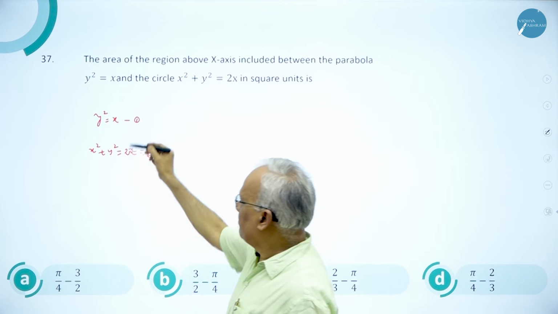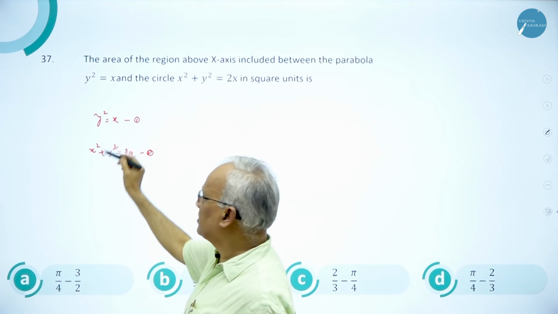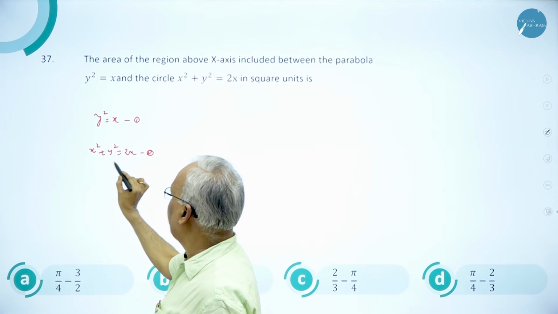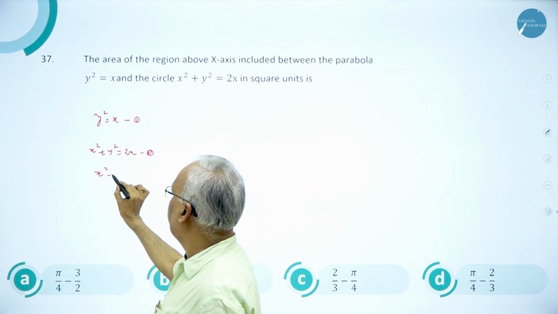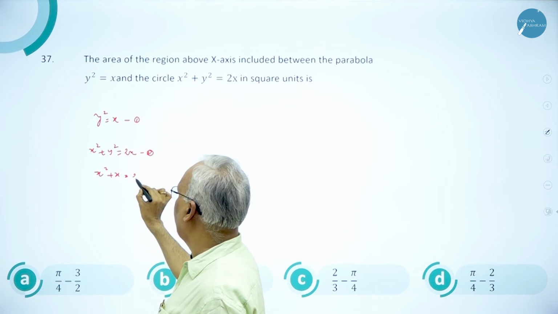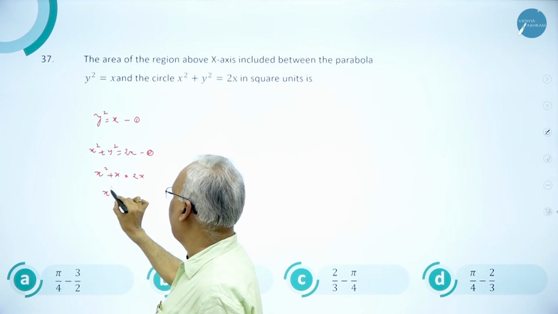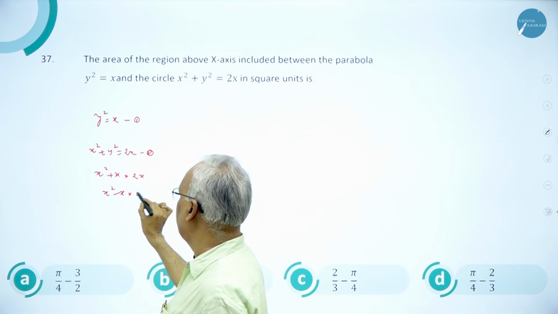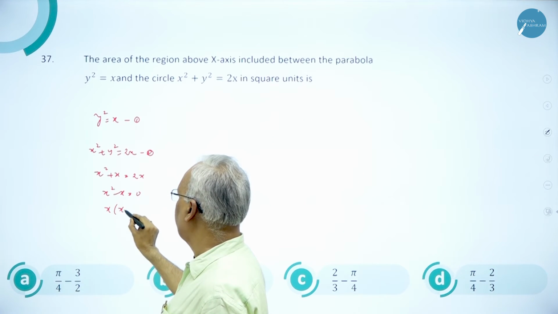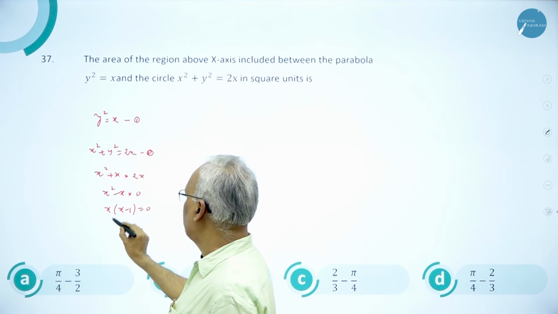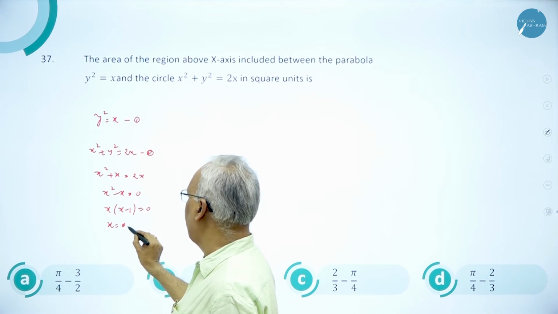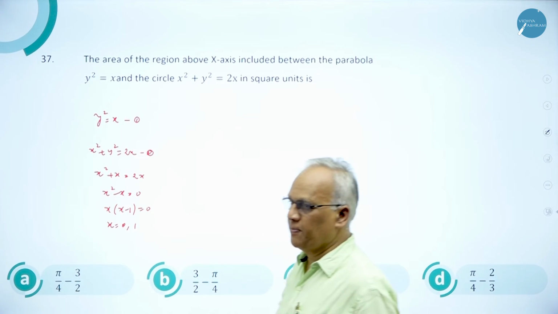Now, by solving to get the point of intersection, I put y squared equal to x here, x squared plus x equal to 2x, that gives you x squared minus x equal to 0. So x into x minus 1 equal to 0. So the two curves meet at x equal to 0 and x equal to 1.